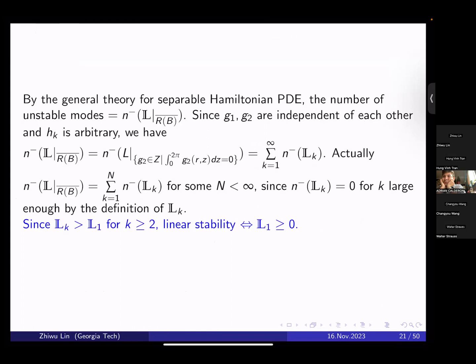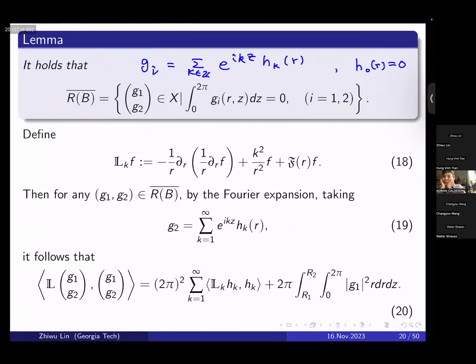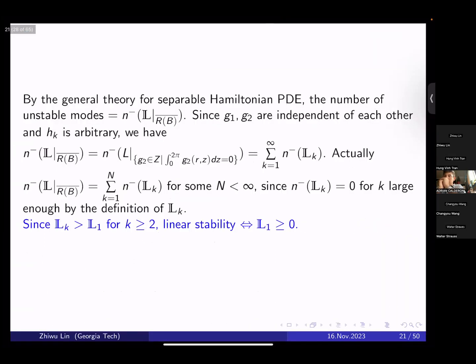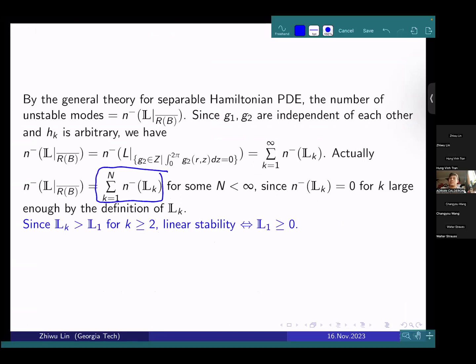So this is the sharp linear stability condition we end up with. You only need to look at this ODE operator for K equal to 1 to see whether or not you have a negative eigenvalue. If there's no negative eigenvalue, then the MHD problem is linearly stable. And if there's a negative eigenvalue, then it must be unstable. You can also find the number of unstable modes by adding all the negative eigenvalues of the operator LK.